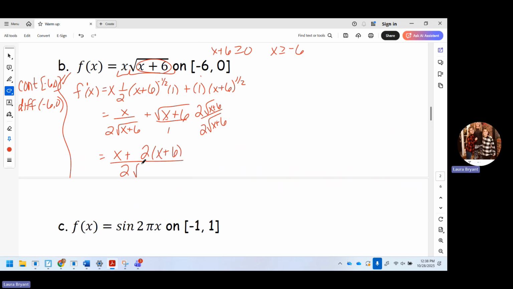So my denominator is 2 radical x+6. In the numerator, I just carry down that x, and then when I multiply the square roots together, they cancel out. So I just have 2 parentheses x+6. So overall, 3x+12 over 2 radical x+6.